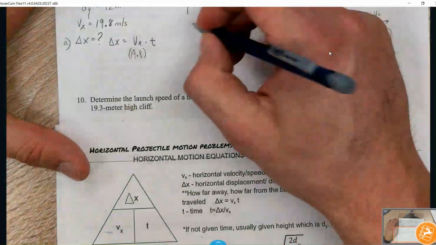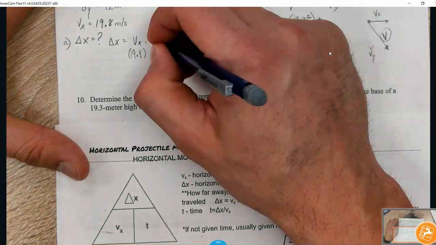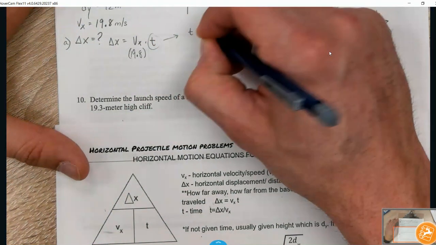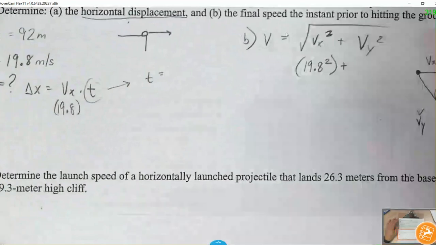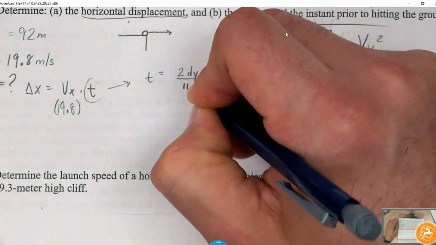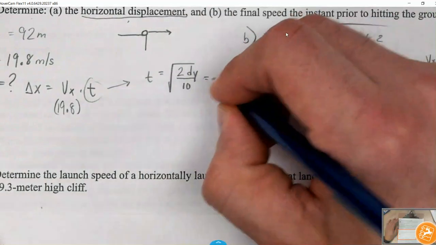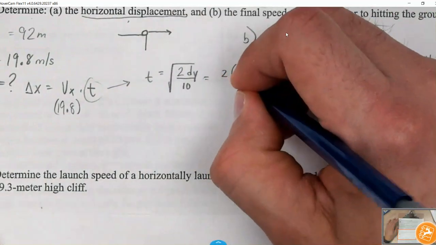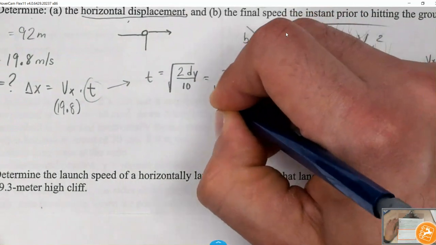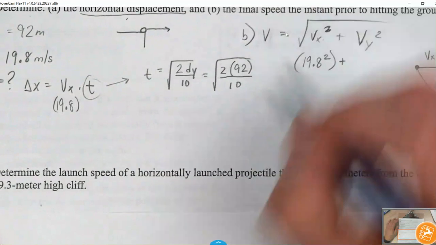So we have to go on a little side quest. Okay. So to find t. Yep. Side quest. Square root of 2 dy over 10. dy was 92, so you're going to do 2 times 92 divided by 10 and square root that.